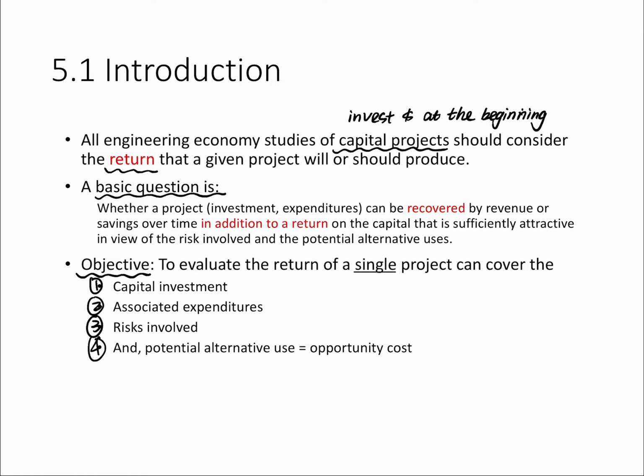And the fourth, the potential alternative use of other opportunities. That's the opportunity cost. So besides the capital investment, the associated expenditures, and the risks, you also want to be satisfied by this project, because you invested the money into this project, which means you couldn't invest the same amount of money in another, maybe better project.